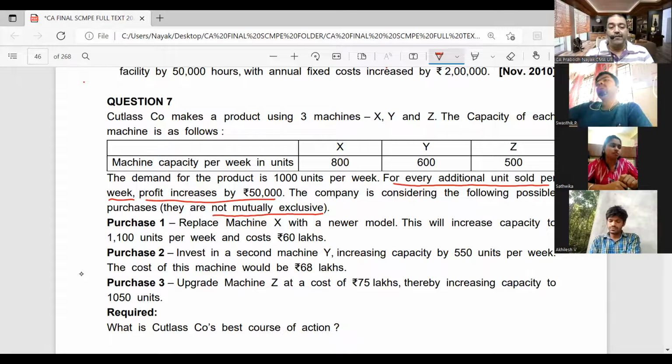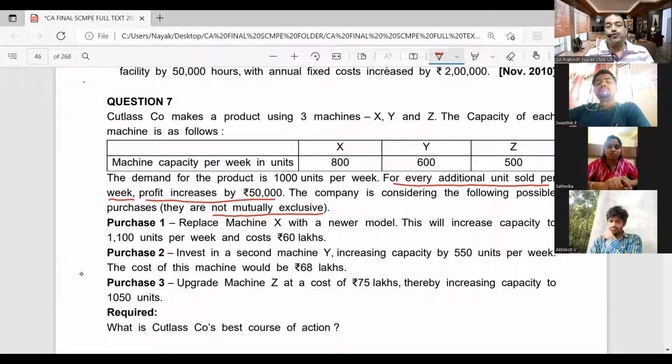So for example, you are having purchase 1, purchase 2, purchase 3. That is option 1, option 2, option 3. So evaluate option 1 independently, evaluate option 2 independently, evaluate option 3 independently. After that, suppose you feel that neither of them are feasible independently, then take combinations.